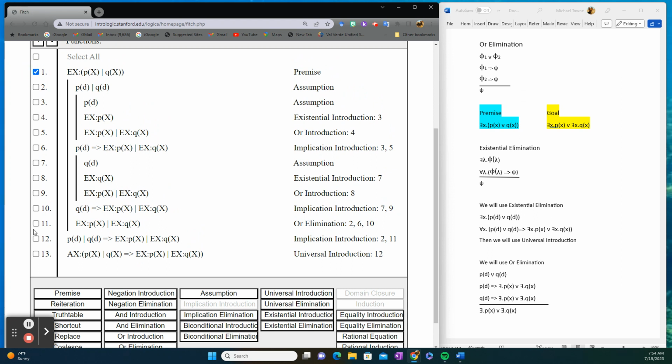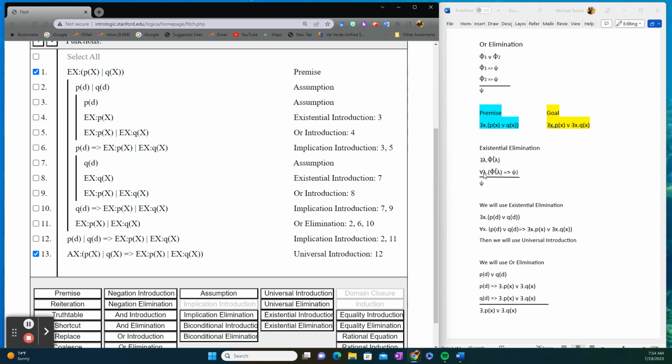Here and here. That's this sentence right here, the disjunction, which is existentially quantified, and the implication that is universally quantified. That's this right here.